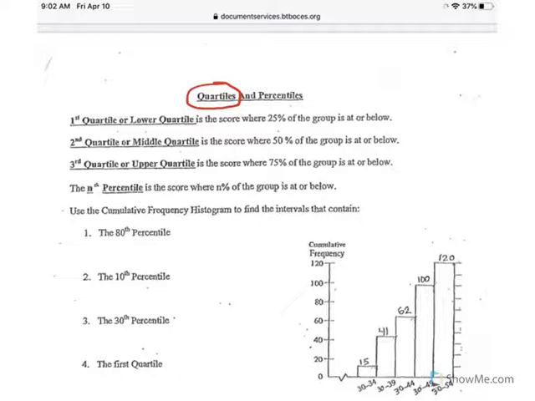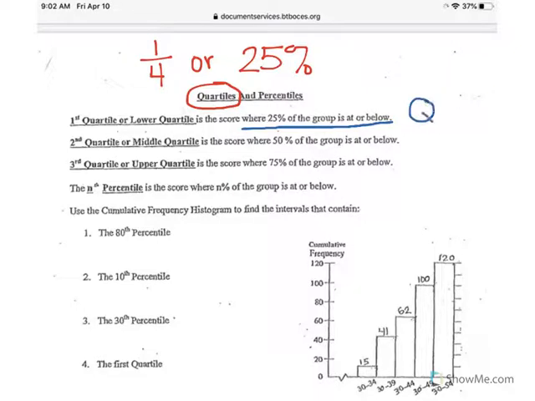You can think of the fraction 1/4, or as a percentage, 25%, so that it will help you understand that when you're talking about the first quartile, you're looking at 25%, and that is where 25% of the group is either at or below. For future reference, when we talk about quartile 1, we're just going to use Q with a little subscript of number 1.